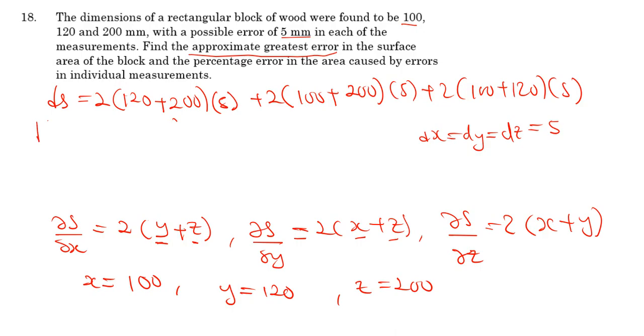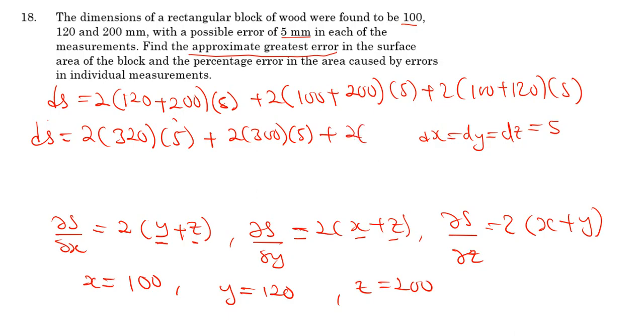Okay, so my total change, the greatest approximate error, is going to be 2. Then this will be 320 multiplied by the 5, then plus you have 2 multiplied by the 300, 5, plus 2 multiplied by, I add the 2 there, I get 220, then I multiply that by the 5.